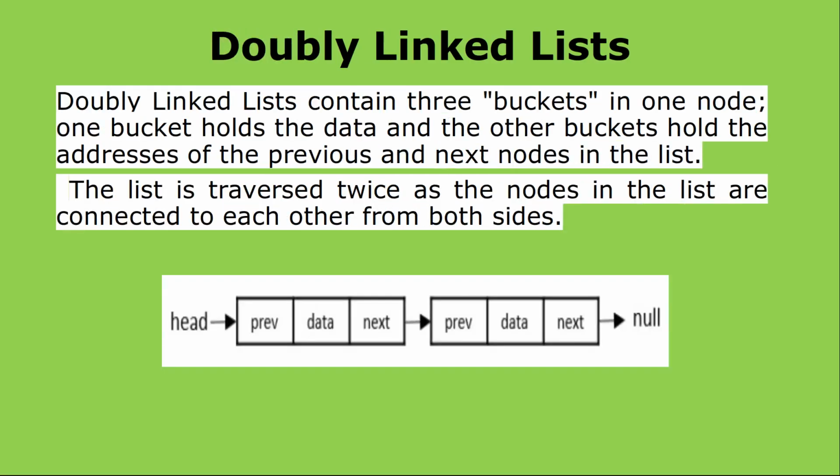Double linked list consists of two parts. One is the previous node, the other one is the next node. So that's why we can traverse in two directions. We can move to the previous node as well as the next node. This double linked list also has an end node, which consists of a null pointer.